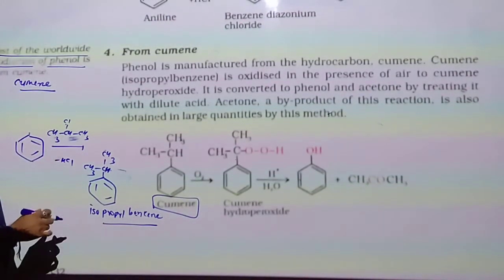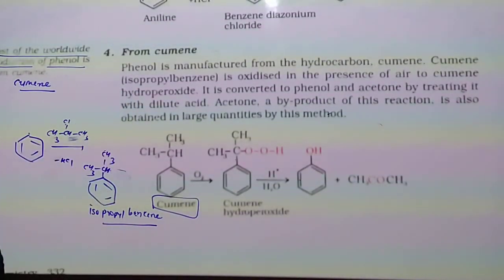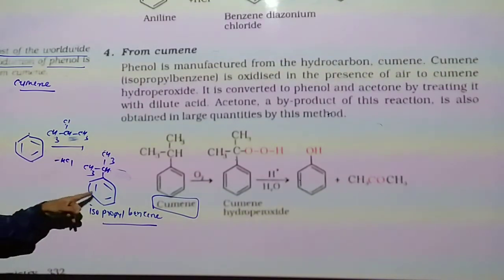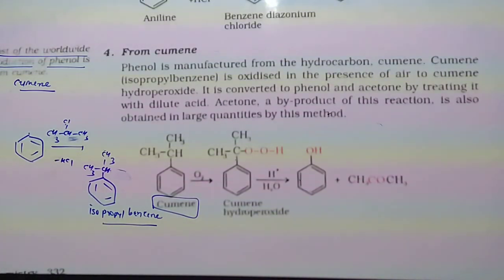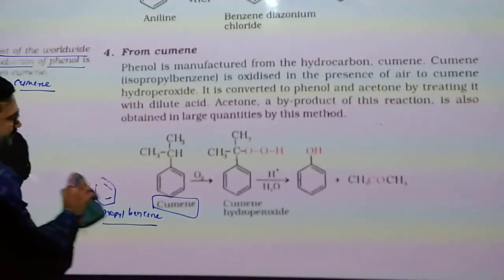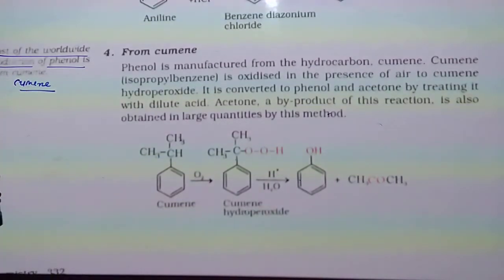Clear? Now, phenol is manufactured from the hydrocarbon cumene. Cumene, isopropylbenzene, is oxidized in the presence of air. In the presence of air, it gives cumene hydroperoxide.